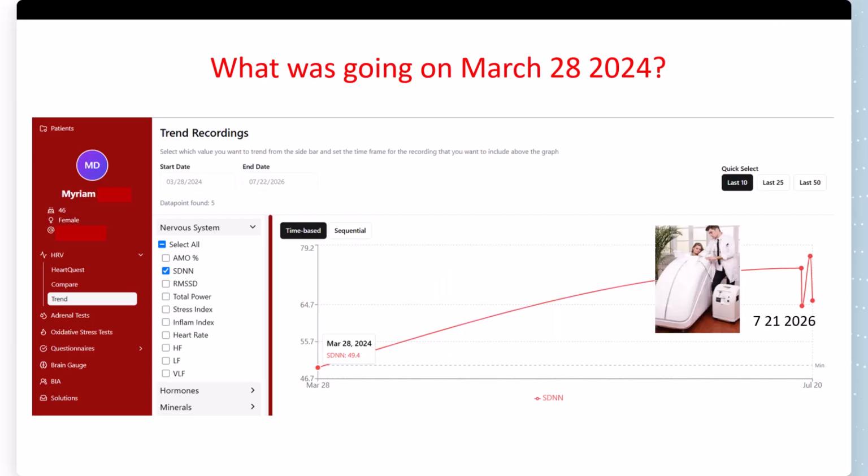So when we look at the trending, remember I said I just want to do one at a time. So when I select SDNN, because in the medical literature that's a great prognosticator, you can see higher is better. She's moving in the right direction, right?